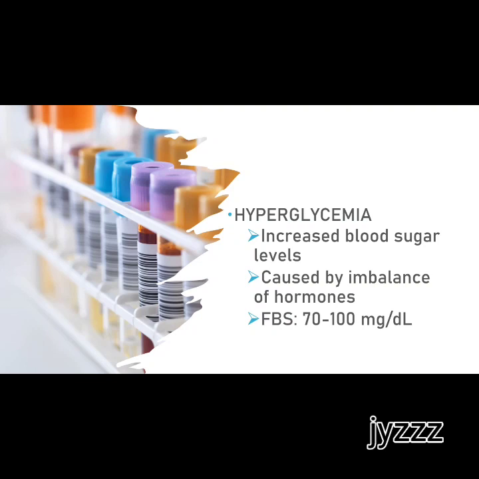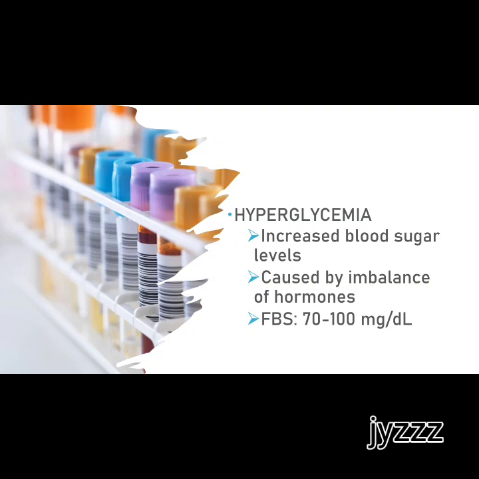So when can you tell that someone has hyperglycemia? For fasting blood sugar, the normal reference range is 70 to 100 milligrams per dL.